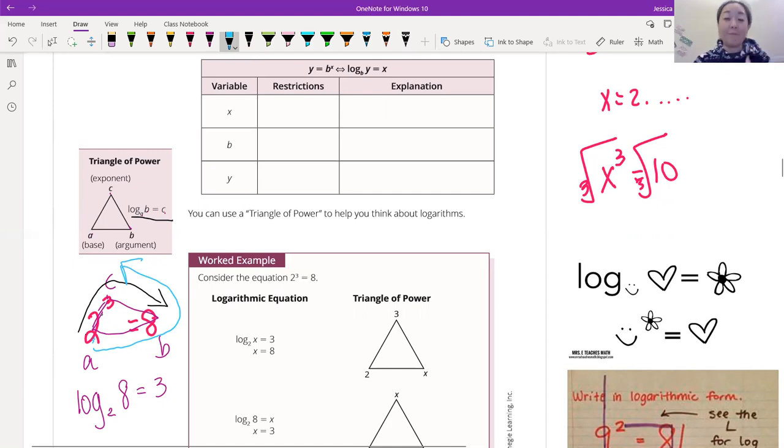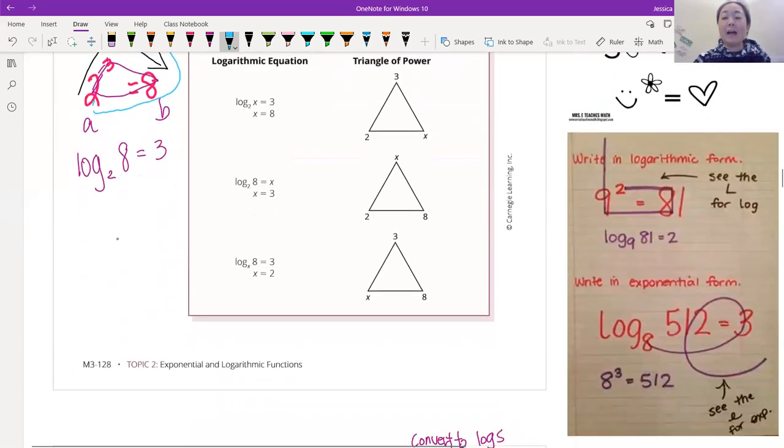There's another way that I've been teaching since I looked on Pinterest a couple years ago, and I was like, ooh, this is cool, because my teacher had said, just memorize it. And I was like, okay. But I love this way because it is more satisfying to do. So whichever way, if you want to do it with the triangle of power, or if you want to do it with the E, that's fine. I don't even care.